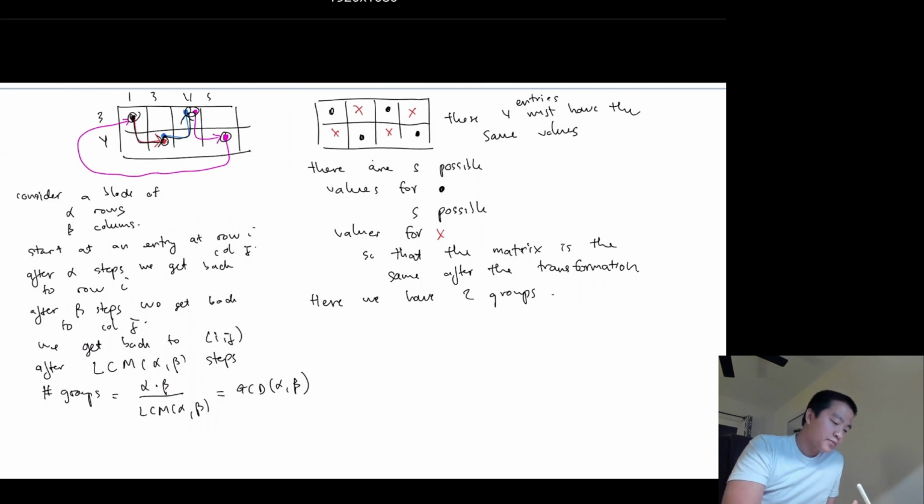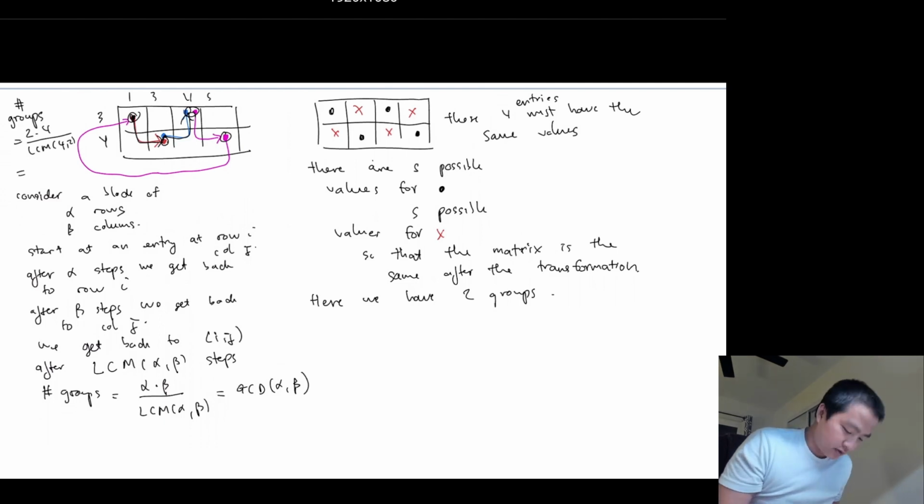The number of groups is alpha times beta, 2 times 4, divided by the least common multiple of 2 and 4, which is 4.